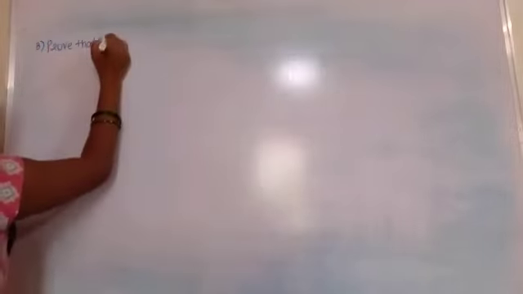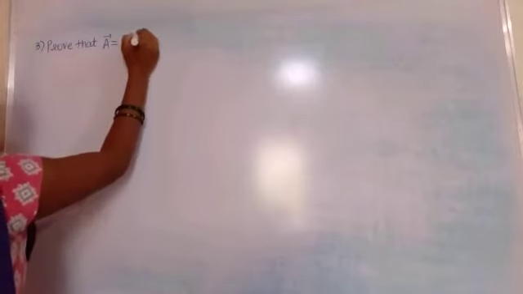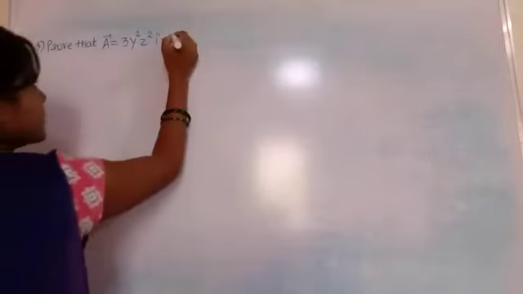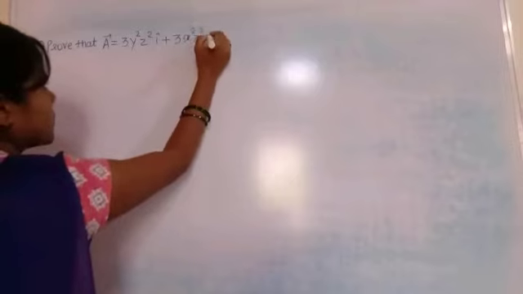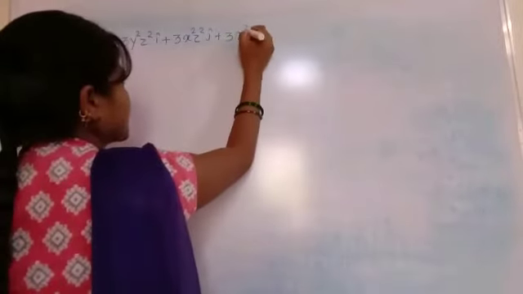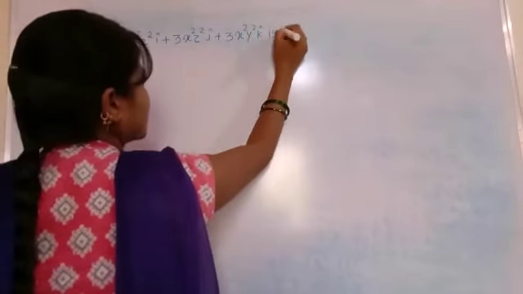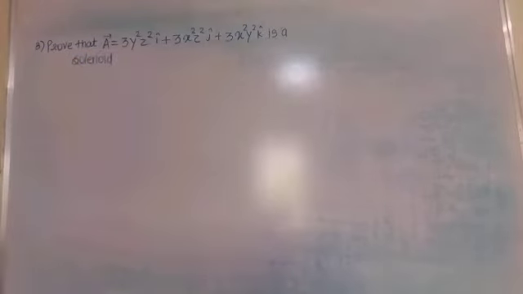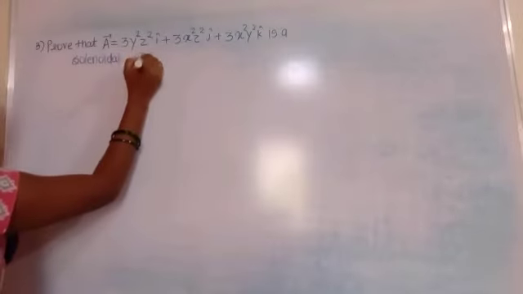Third numerical: prove that vector A, which has the value 3y square z square i plus 3x square z square j plus 3x square y square k, is a solenoidal vector.